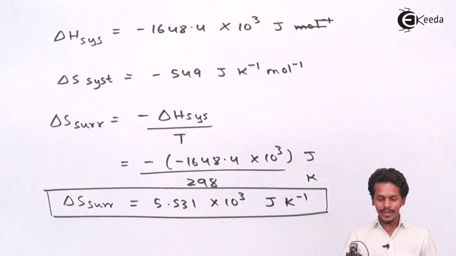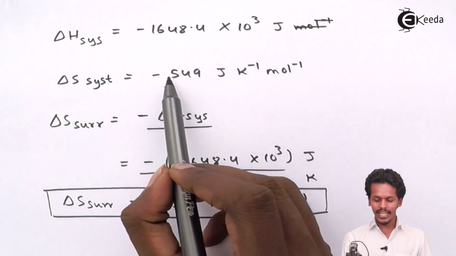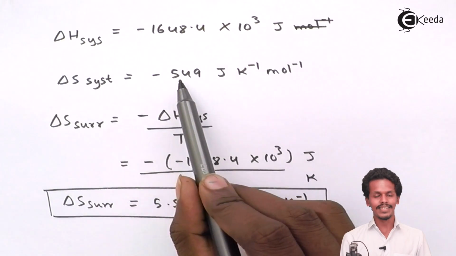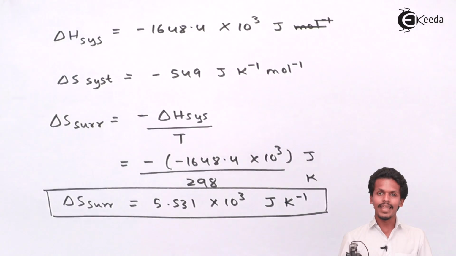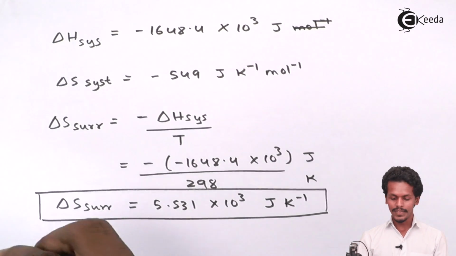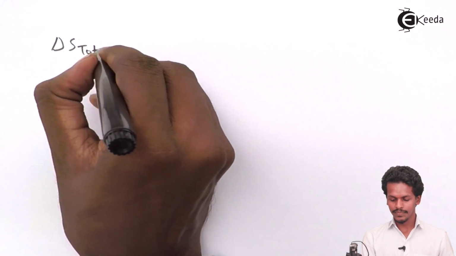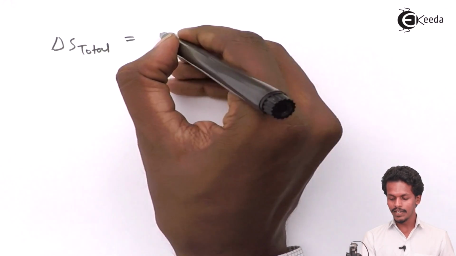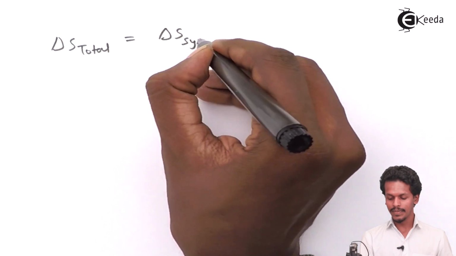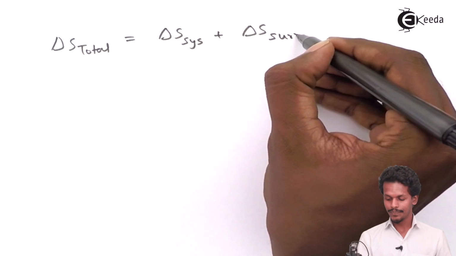So now we have to explain that in spite of the system having a negative value, as you could see here, how can the reaction be spontaneous? This can only be explained with the help of the total entropy change. We know that the total entropy change, delta S total, is nothing but the entropy change of the system plus the entropy change of the surrounding.